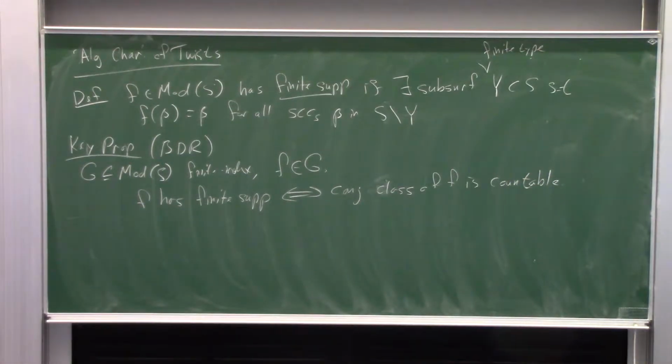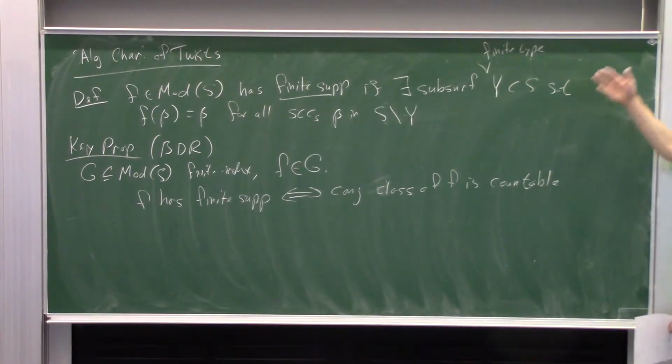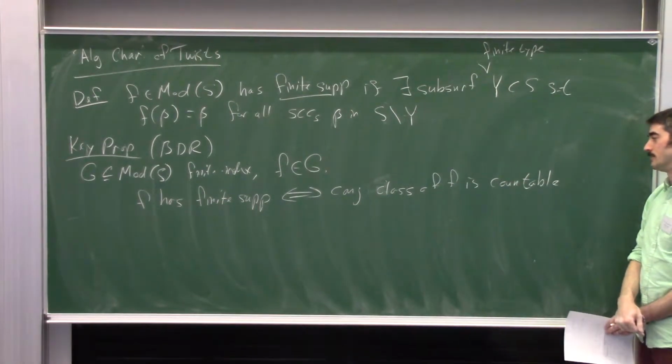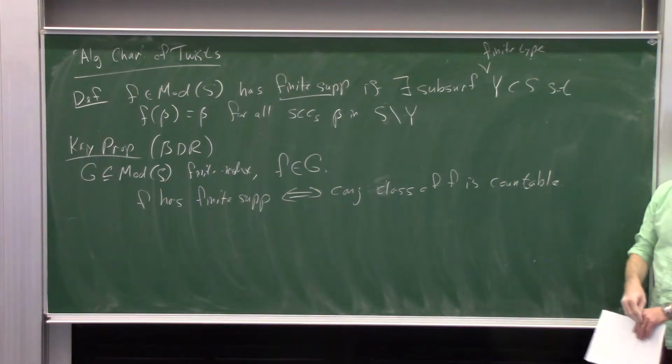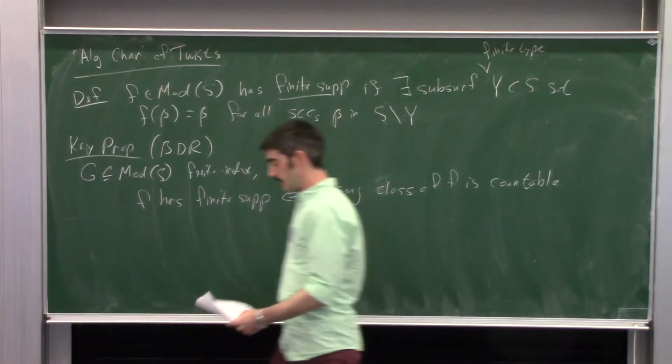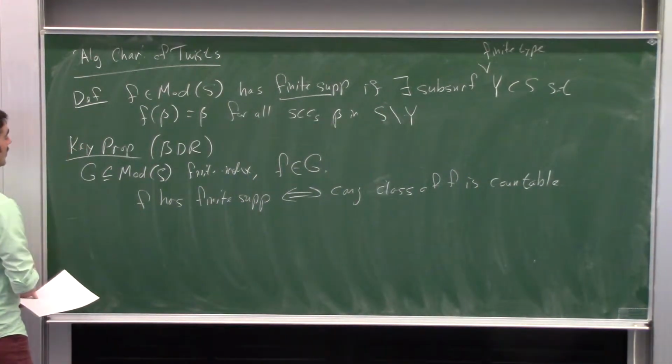Okay. So again, here we're using the fact that the whole group is uncountable. So this, like, a lot of room is letting us sort of help determine the bad guys. All right. So that's the key proposition.